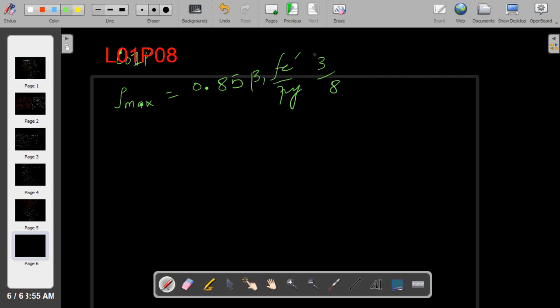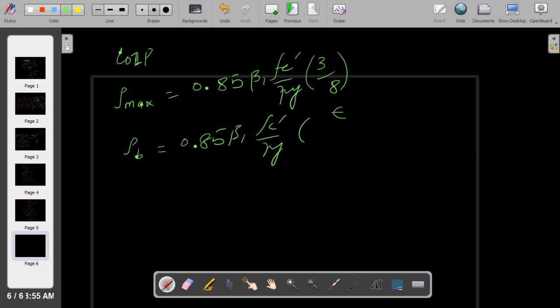It can be easily derived because we know that rho b equals 0.85 beta 1 fc prime divided by fy, into epsilon u divided by epsilon u plus epsilon y.